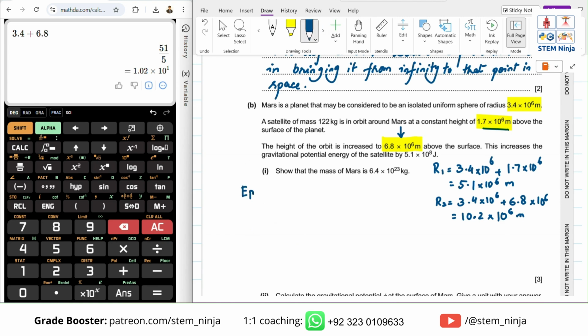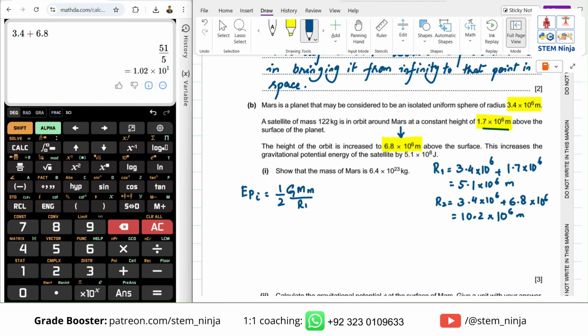Okay, now similarly we need the potential energy before, potential energy after. So EP initial, we had half GMm. Actually, you can do the minus GMm also, but at the moment we just need to know the change in this. So GMm over R1 or initial.